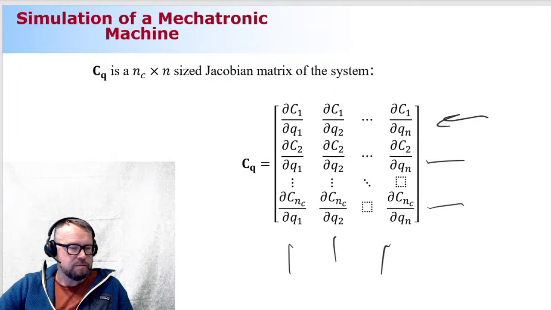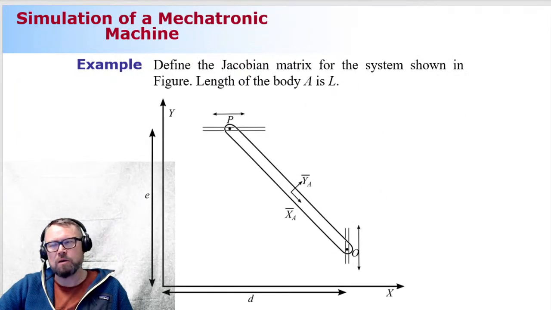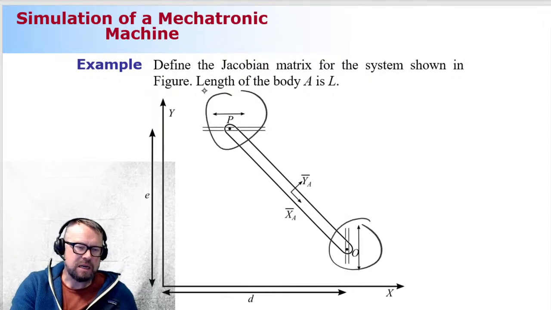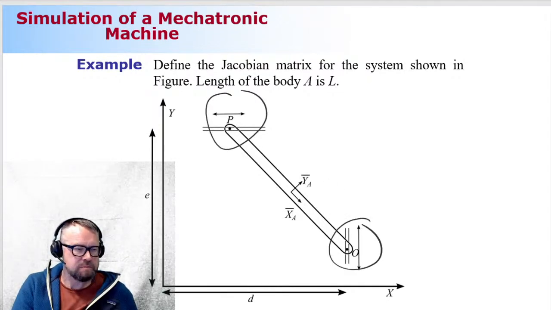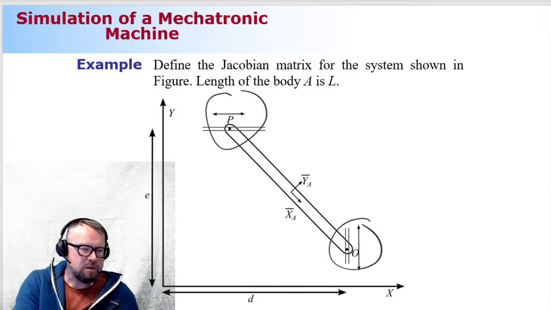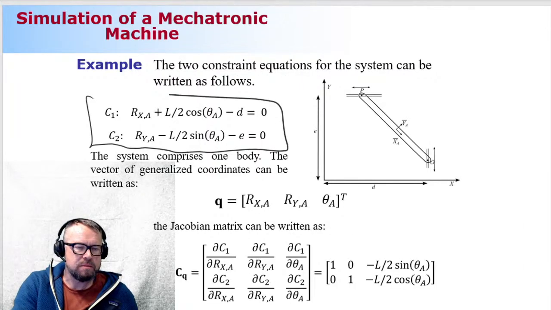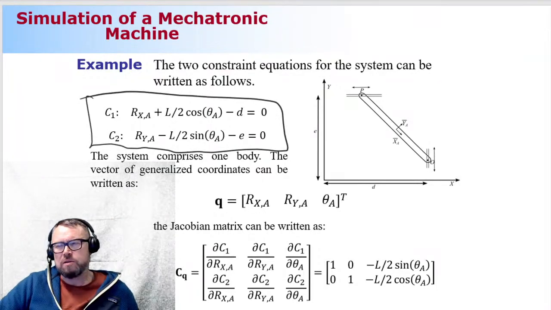This guy we looked at earlier, just a couple of slides back: this beam-like body, which is constrained by using two primitive joints, one here, second one here. So we concluded that the constraint equations can be written as shown here. What we're going to do next is compute the Jacobian of the system.